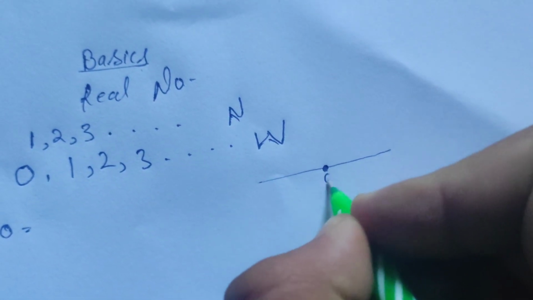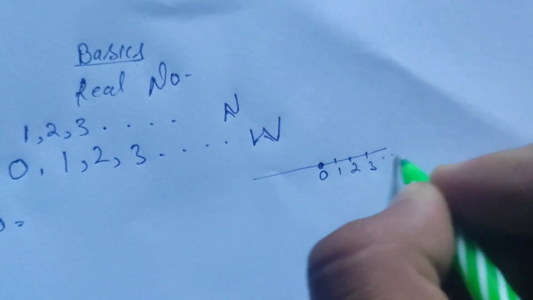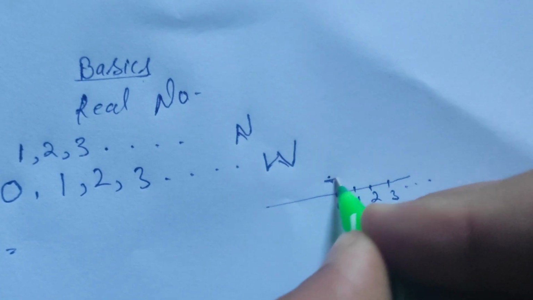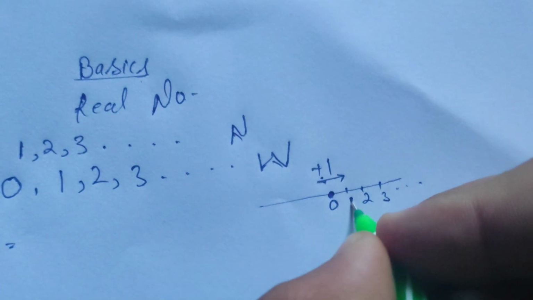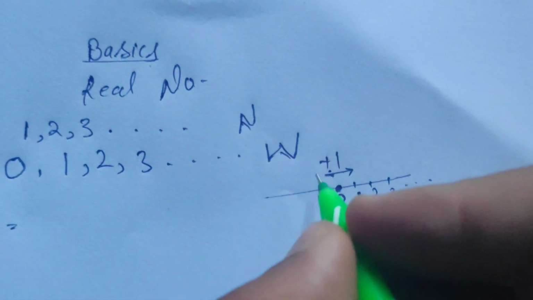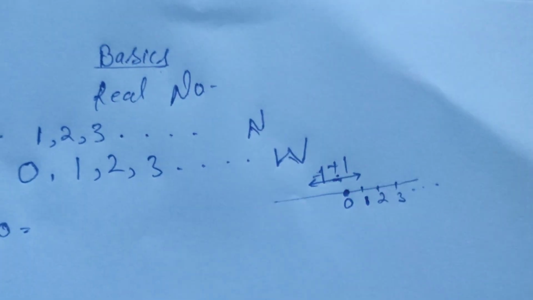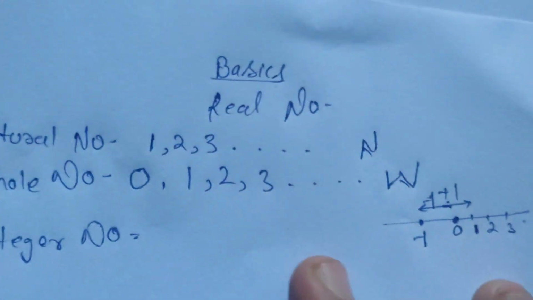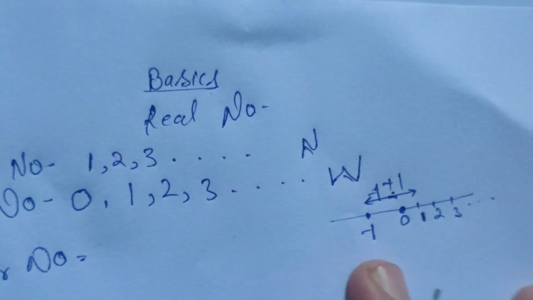This is our middle point O, which is 0, then 1, 2, 3. If you go one step to the right from 0, you reach 1. If you go backward one step, in the minus direction, you get minus 1. So we flip the numbers, and if we flip the natural and whole numbers, we get the integers.